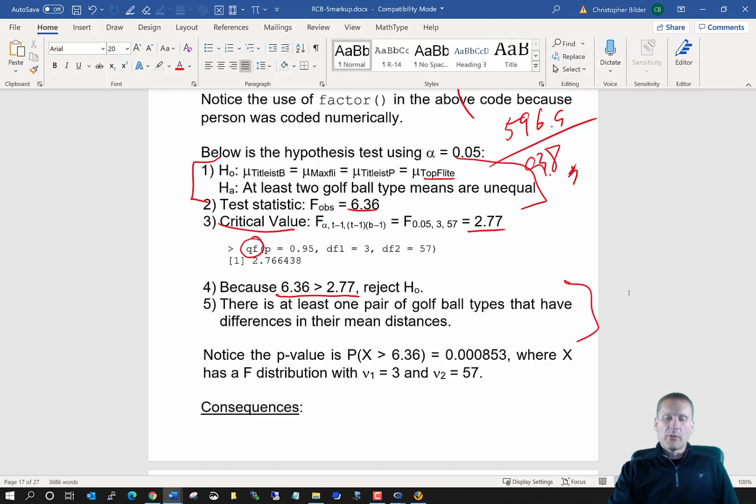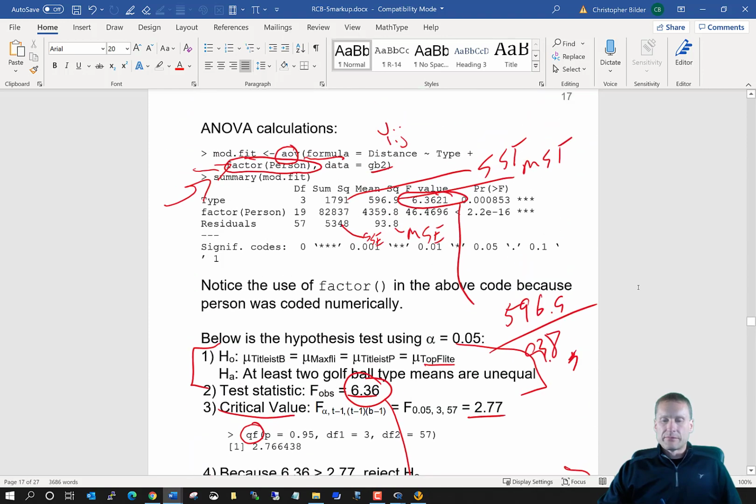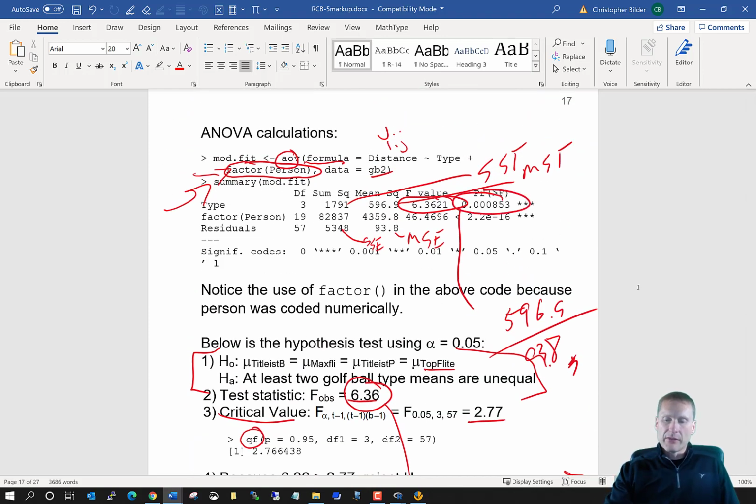What does this mean in terms of the original problem? Well, there is at least one pair of golf ball types that have differences in their mean distances. How do we find the p-value? Well, we take our test statistic, we put it into this probability statement, use the pf function, and that's how you would find the p-value, or you could go back to simply the p-value that's listed already in our output.